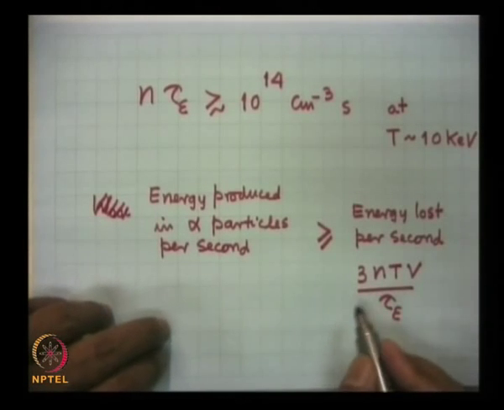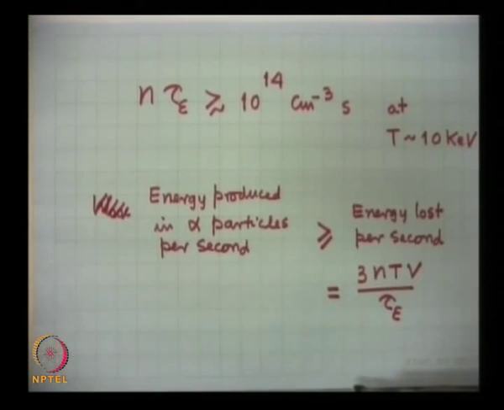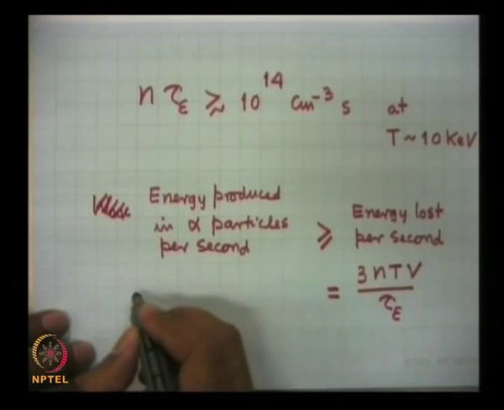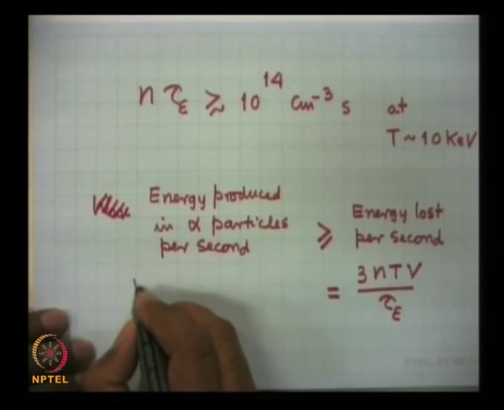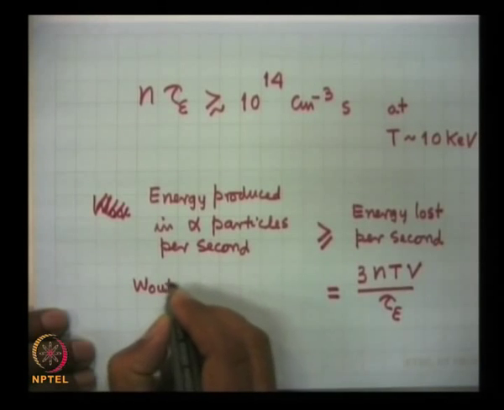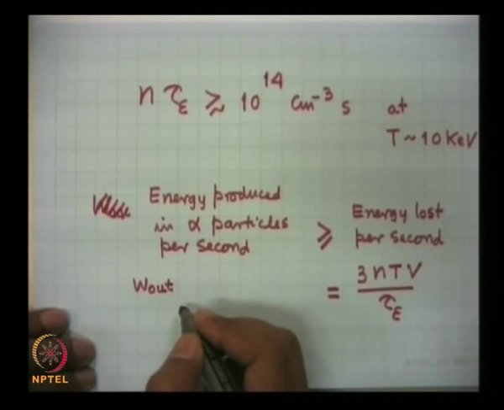Then this is the energy lost per second, typically this is the estimate, and energy produced per second will be how much? I just estimated this quantity. So that quantity was W out, the total energy produced in alpha particles plus neutrons, 17.6 MeV Wf.